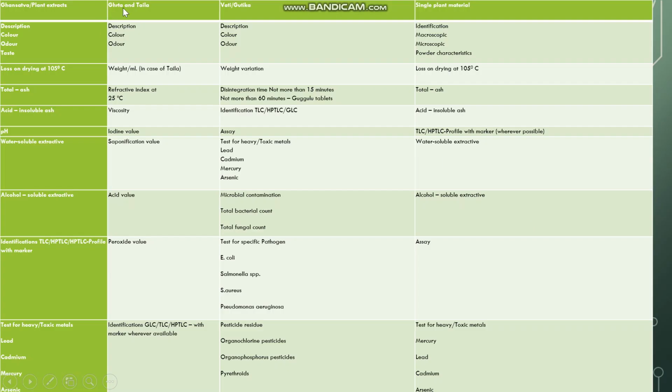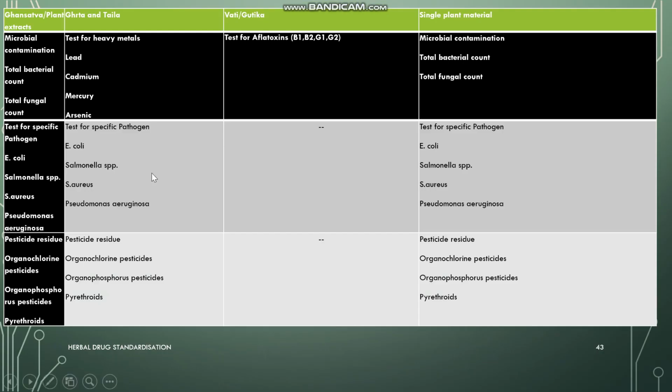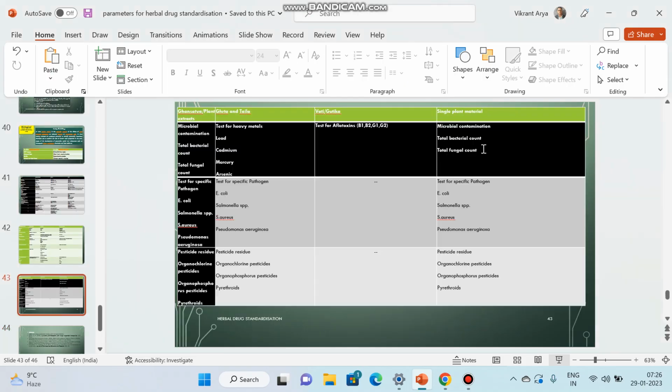So over here also tests are given for Ghritas, Vatica, Gutika, and single plant material. So these tests are very important for any herbal drug standardization. Only then can we use it in any formulation in any way, so that its efficacy can be increased.